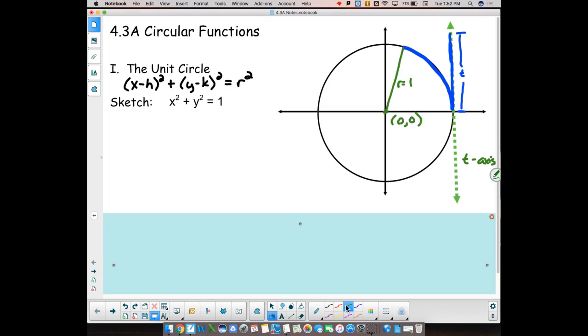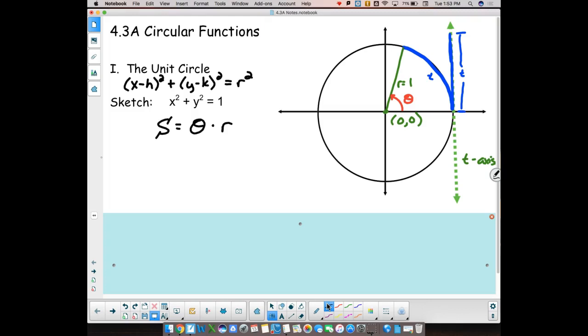Okay. But now this value here is also equal to t. And this angle here is theta. Right? Knowing what we know about arc length, we know that the arc length is equal to theta times the radius. Learned that in section 4.1.